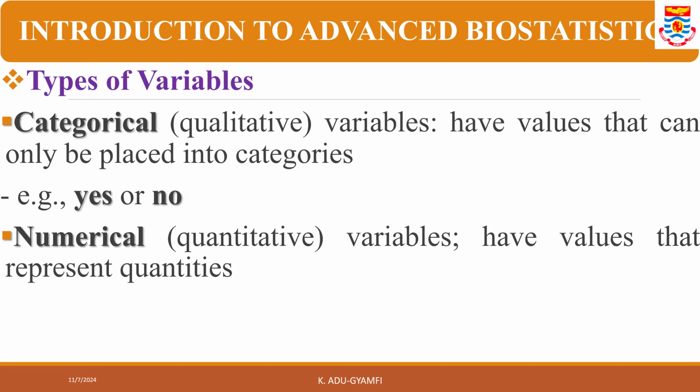When we talk about discrete numerical variables, we are looking at characteristics that we can count, so the countable or finite values. For example, when you take a specific geographical location, let's say Cape Coast, we can count the number of people that were affected with COVID-19 within a specific period of time.